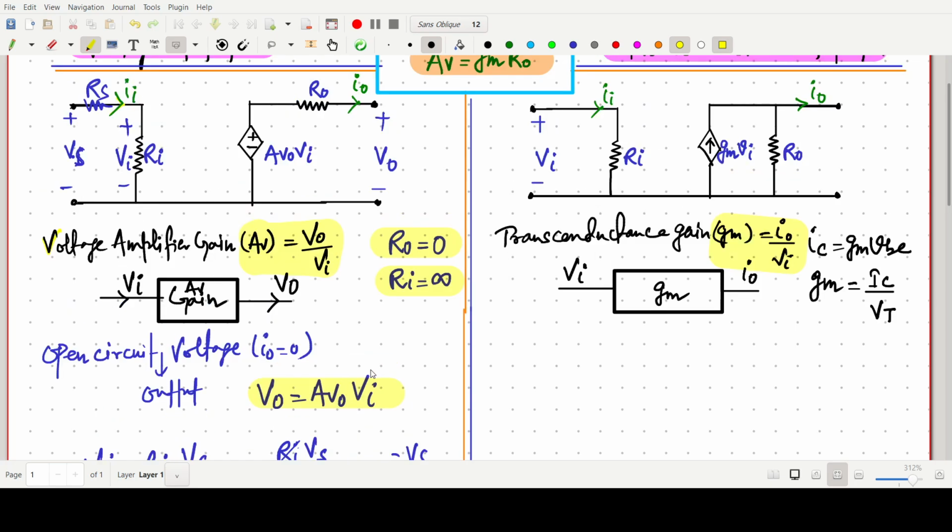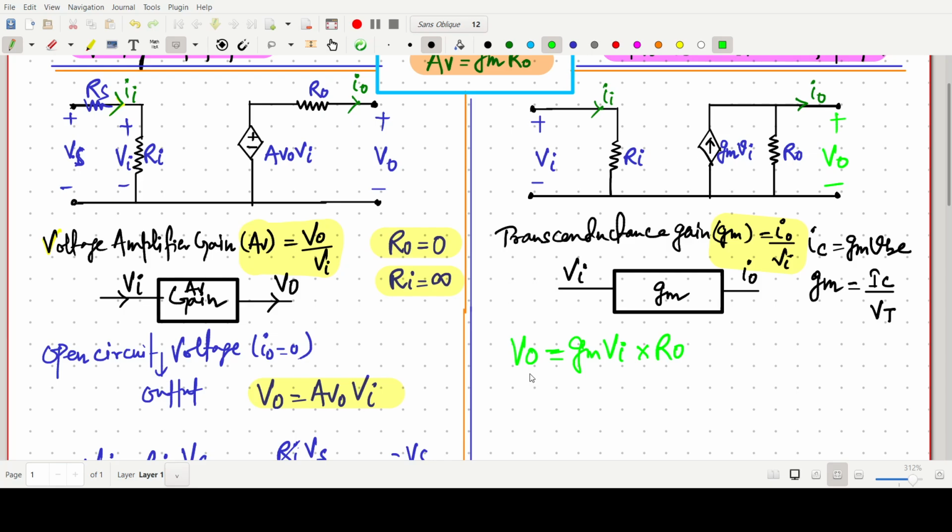Now from this diagram, if we have to find this voltage V naught, the open circuit voltage on this side, V naught is nothing but simply GmVi into R naught. V naught equals Gm, this Norton equivalent current GmVi, into simply R naught.